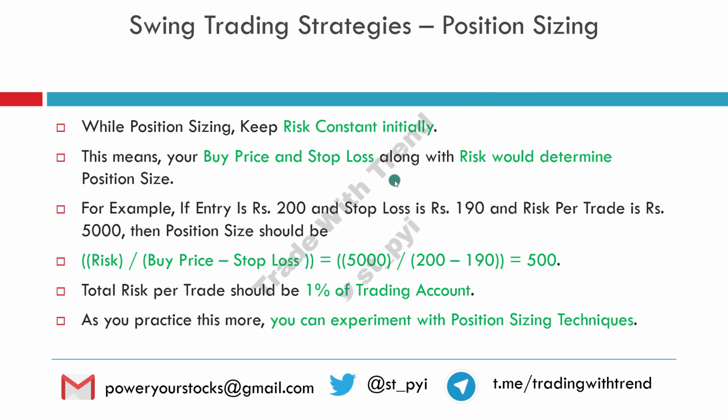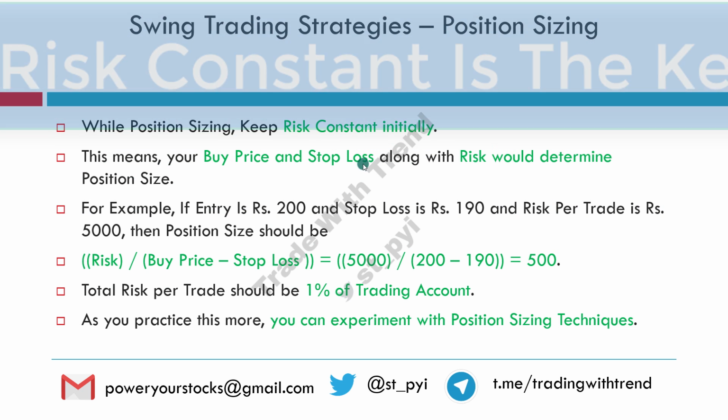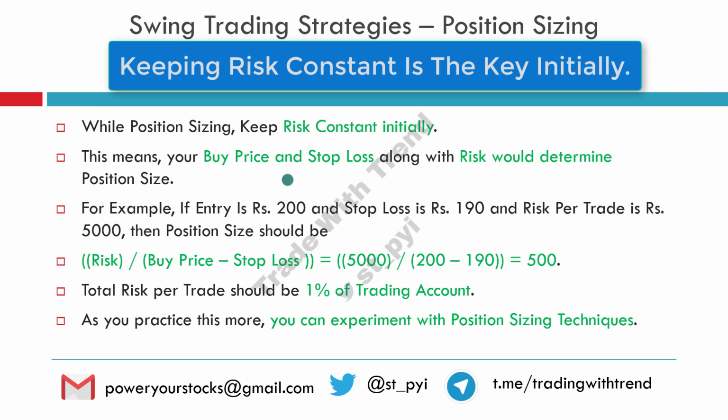The most important aspect that you have to consider initially while position sizing is to learn how to keep your risk constant. This means your entry price, your stop loss, along with the risk per trade would determine your position size. Let me explain this with an example.